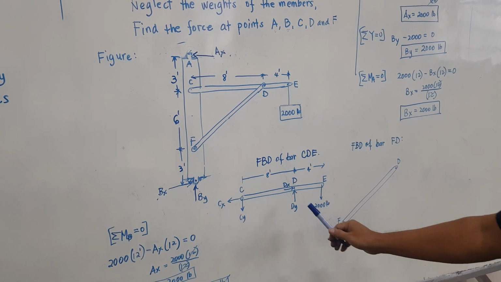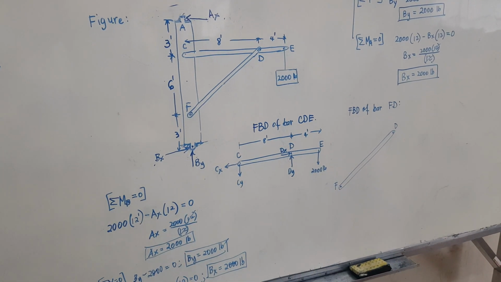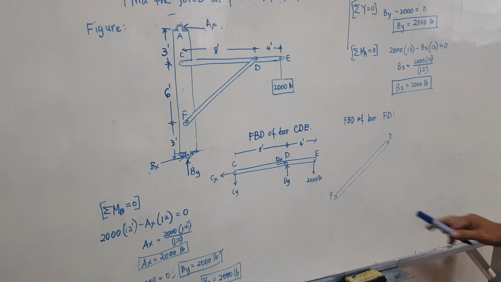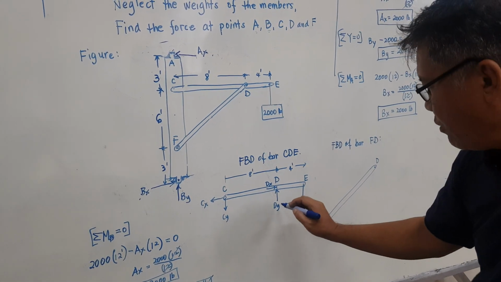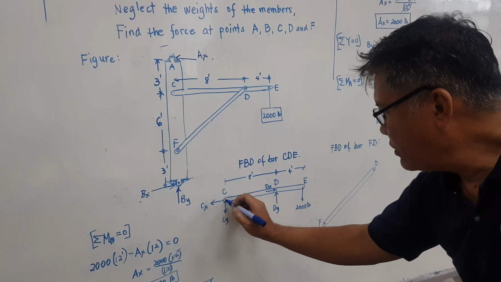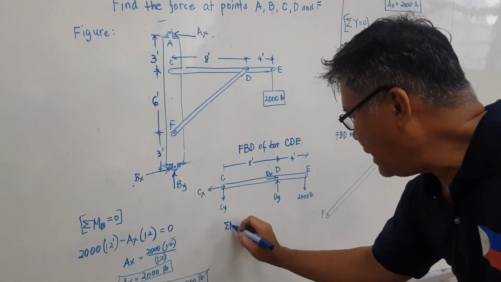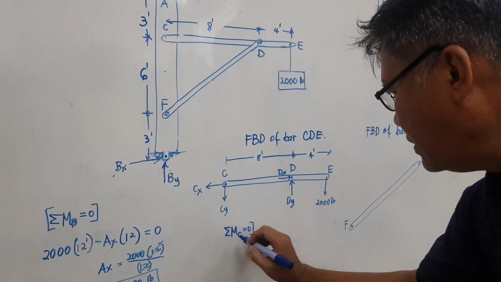Okay, we are going to analyze this bar CDE with all the forces already installed. So to compute for Dy, we need to have summation moment at C equal to 0.